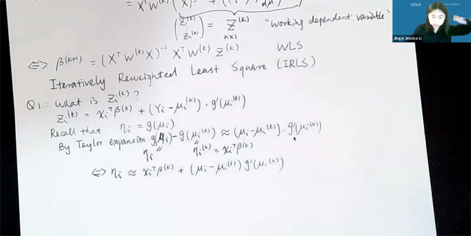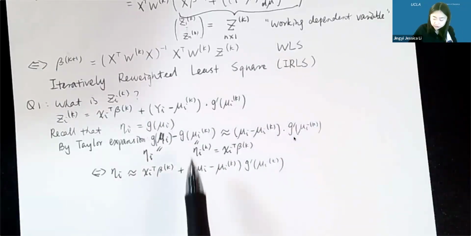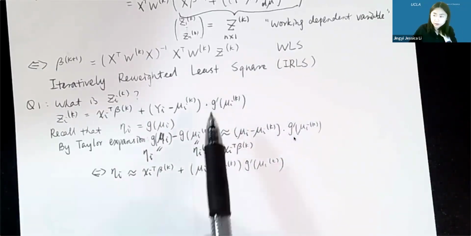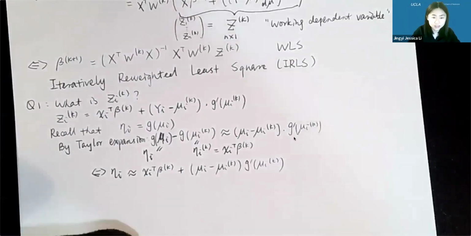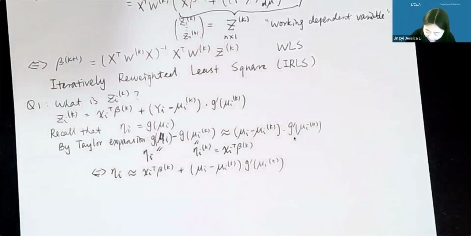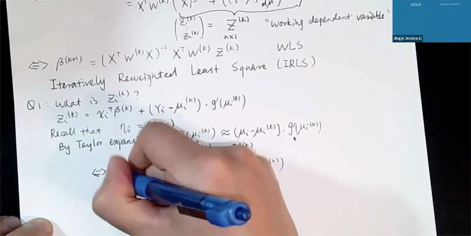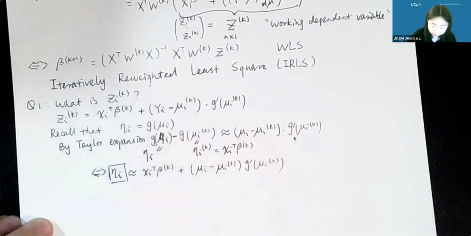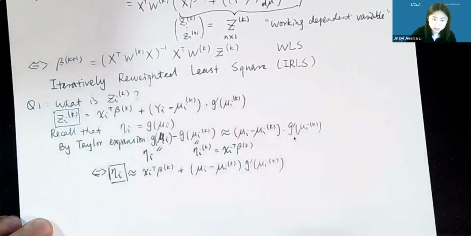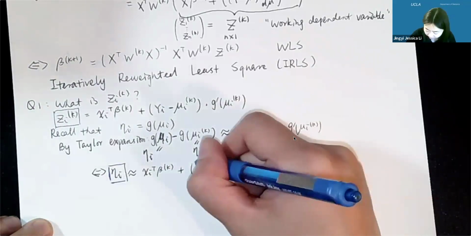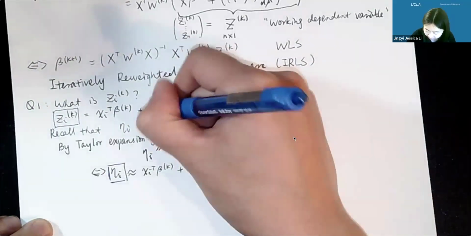Okay, so if you compare this form to this working dependent variable, what do you see as the similarity and the differences? They are basically similar, except that on the left-hand side, here I have eta_i, and here I have z_i^k. And on the right-hand side, here I have mu_i, and here I have y_i.